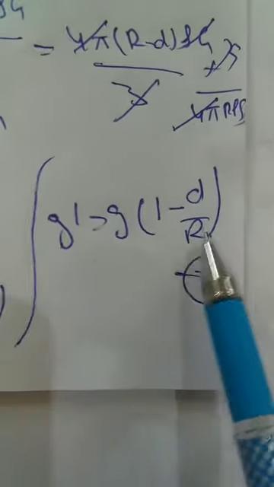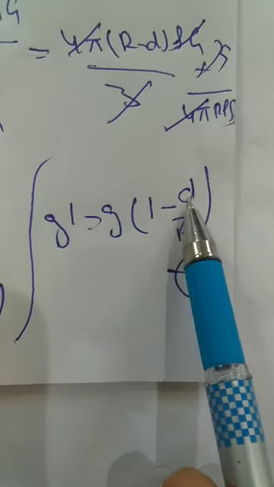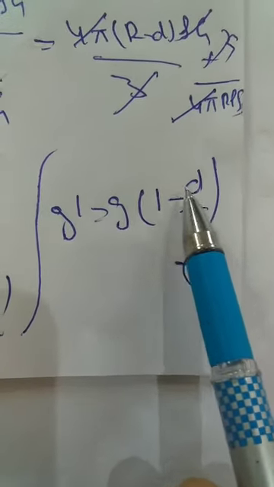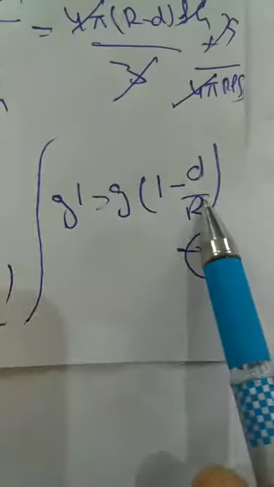From equation 7 it is clear that g dash is the acceleration due to gravity when we move towards the inside of the earth. We have seen that acceleration due to gravity goes on decreasing when we move inside the earth, because when we substitute the value of d, the factor becomes less than 1.